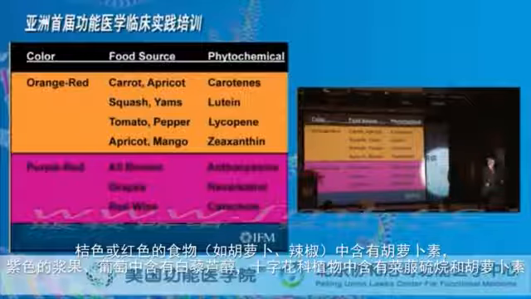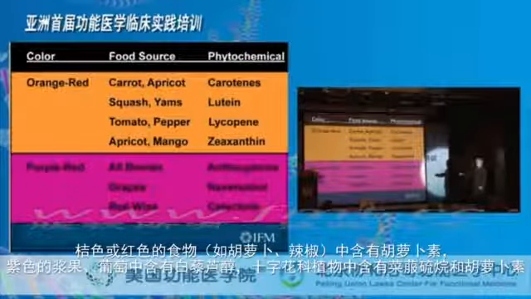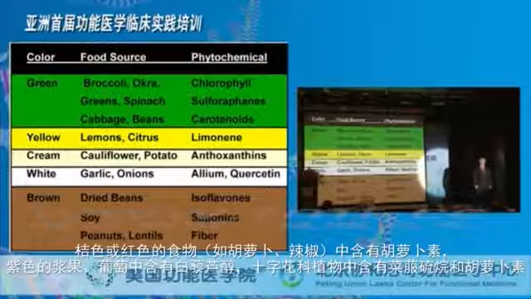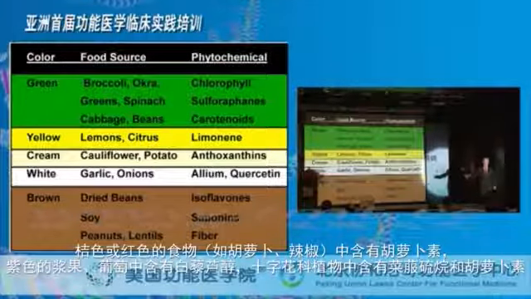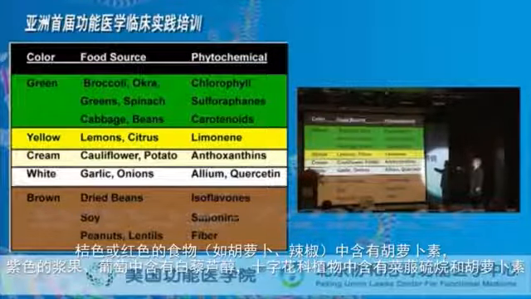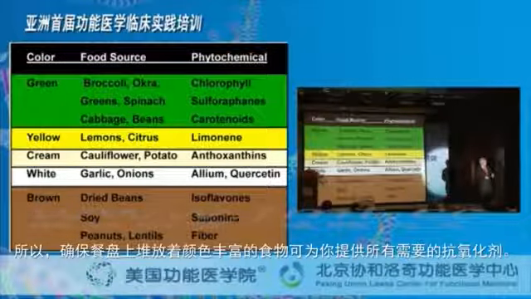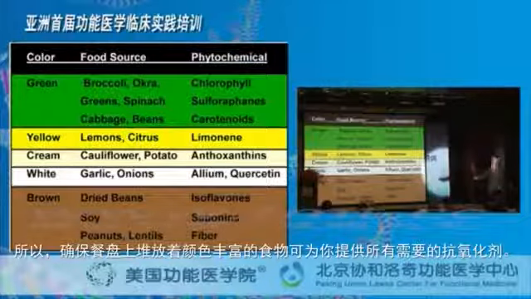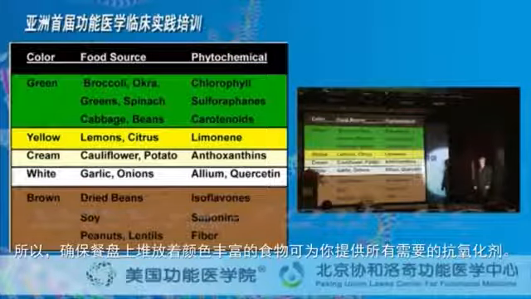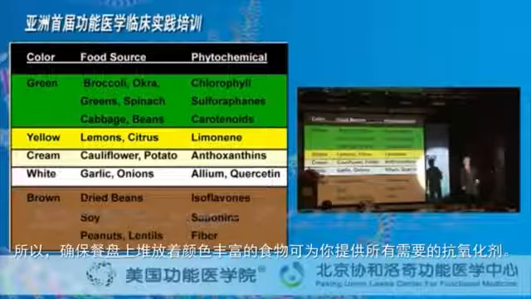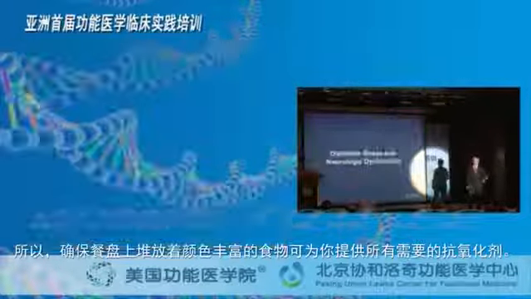The berries that we eat have resveratrol and anthocyanins. The cruciferous vegetables have the sulforaphanes and carotenoids. So we see that eating a rainbow of colors on your plate will help to give you all of the different kinds of antioxidants that are needed.